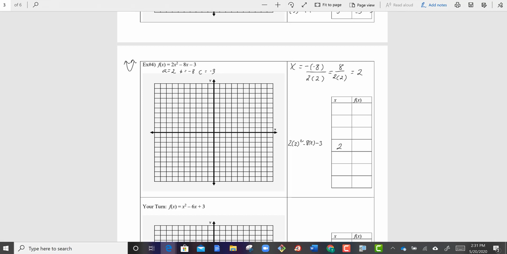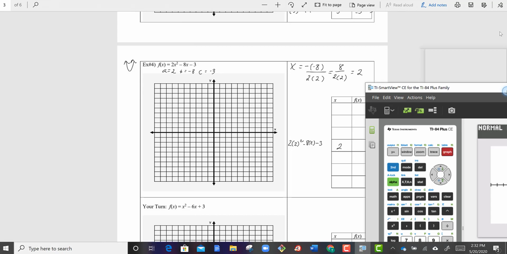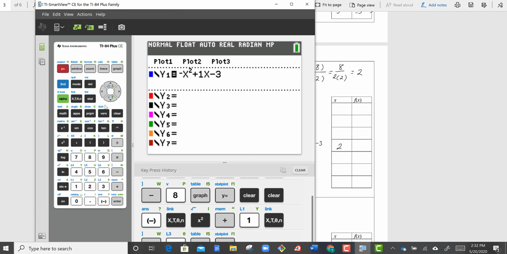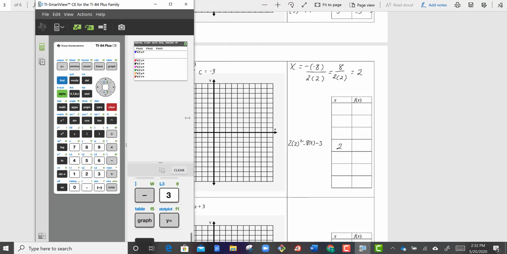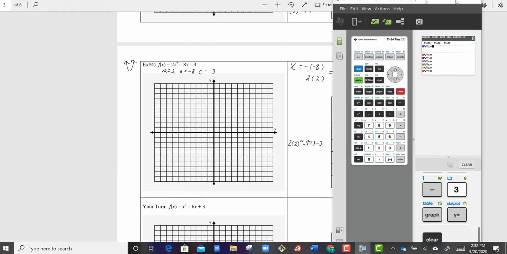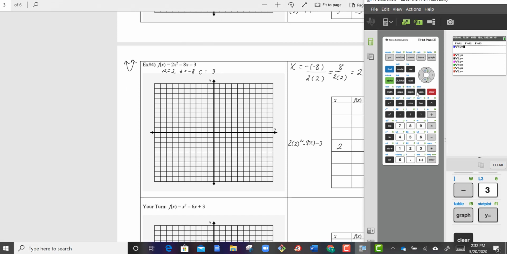Now, a nice little shortcut, if you're in for shortcuts, and I know I am, is we can type this equation into our y equals, and there is actually a table feature that probably a lot of you know about, and hopefully you're using that. So you want to work more efficiently when you can.